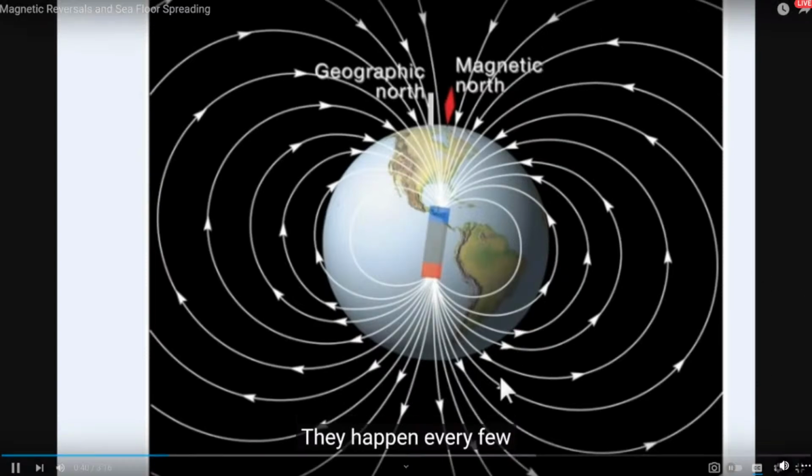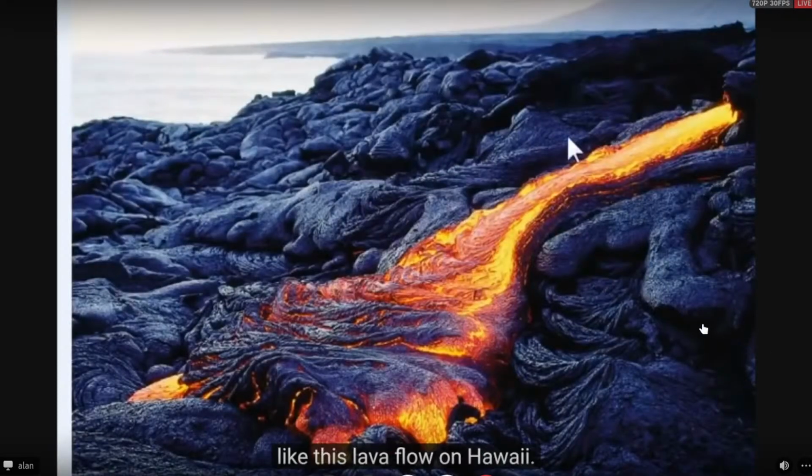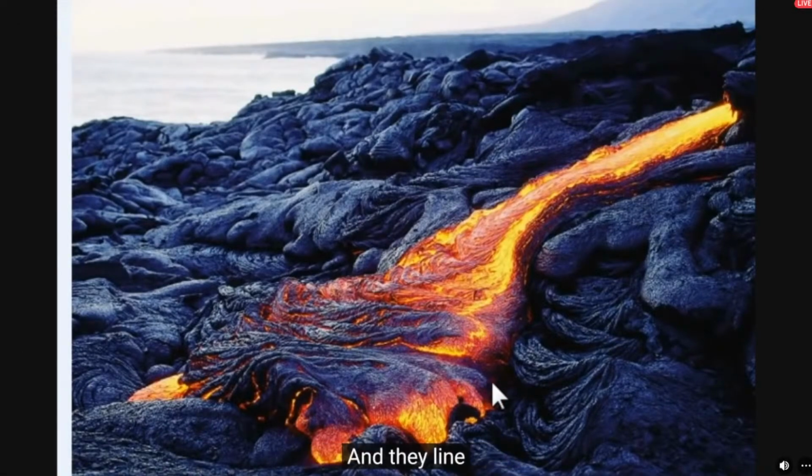Magnetic reversals. They happen every few million years. The Earth's magnetic field flips back and forth through time. The reason we know this is that lava flows, like this lava flow on Hawaii, when lava flows out of the Earth, there's little magnetic minerals in the lava, and they line up with the magnetic field at the time and actually preserve, like a tape recorder, the direction of the Earth's magnetic field, whichever way it was pointing, either normal or reversed.